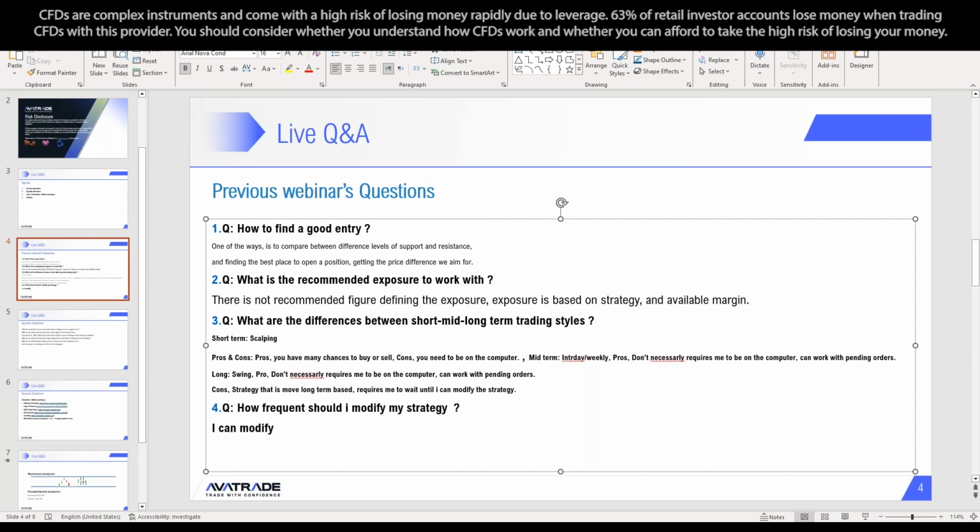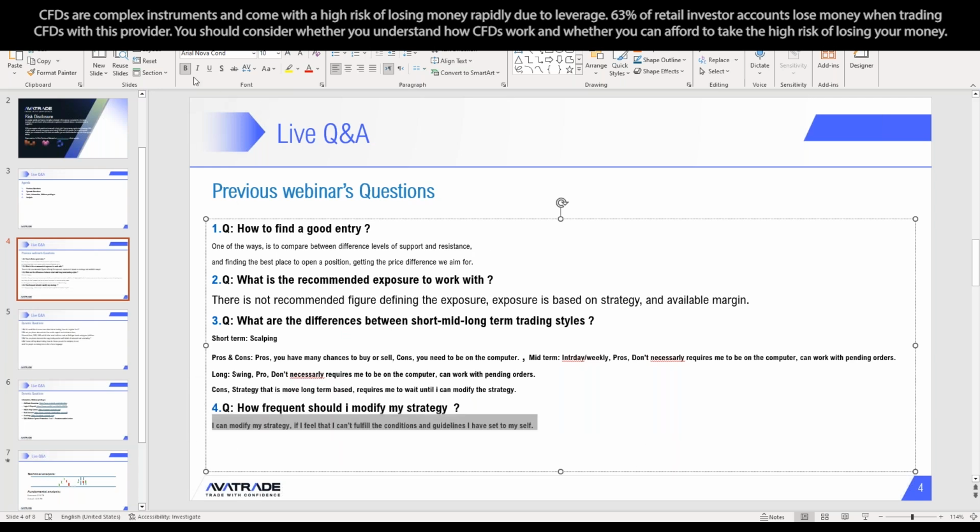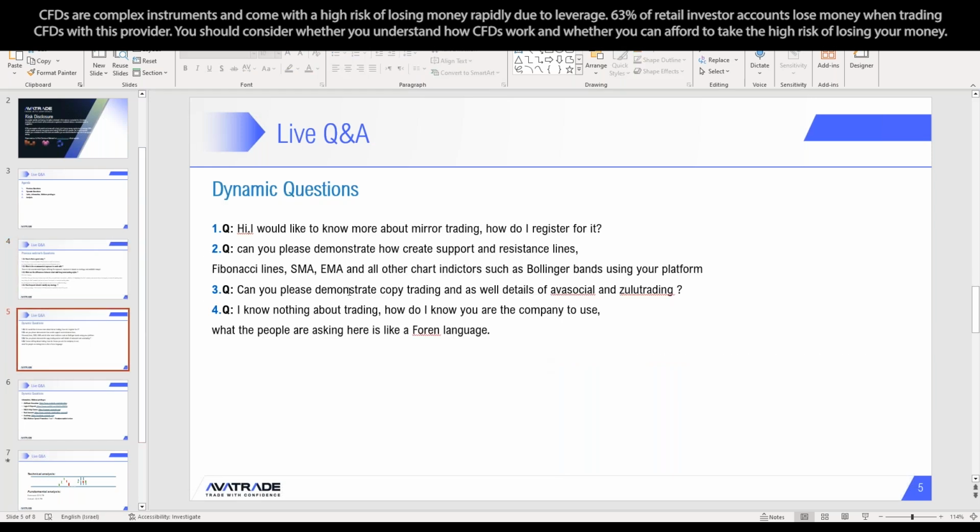I can modify my strategy if I feel that I can't fulfill the conditions and guidelines I have set for myself. Very, very simple. There is no specific time length that I would recommend you to modify a strategy. And every day, I have to say, it's a little intense, whoever suggested it.